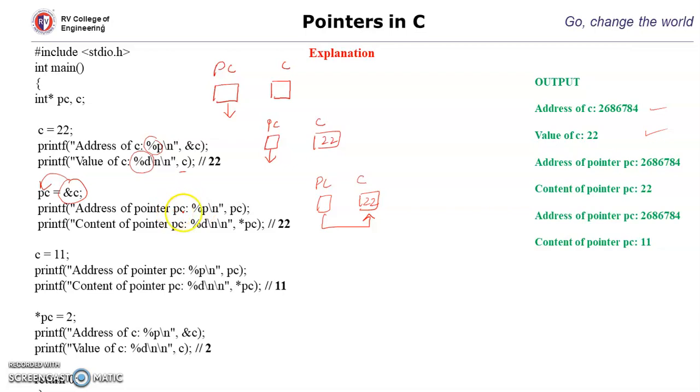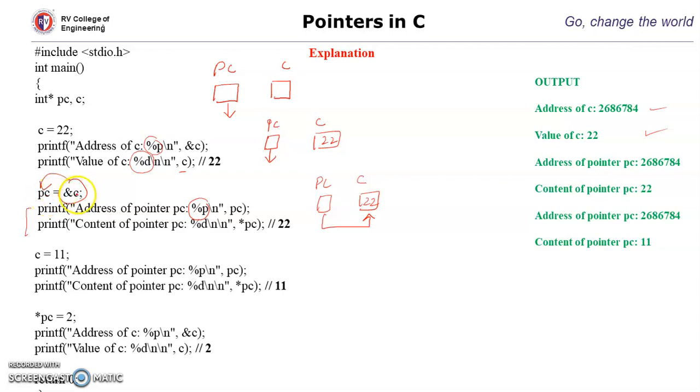Then we are printing again. We have given two printf statements. The first one prints the address of pointer pc, so for the address, the format specifier %p is used again. The second printf statement will print the content of pc. In my previous video lecture I explained that the content of pc is the address of c.